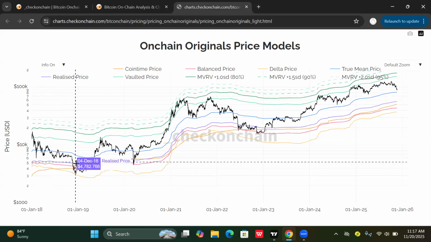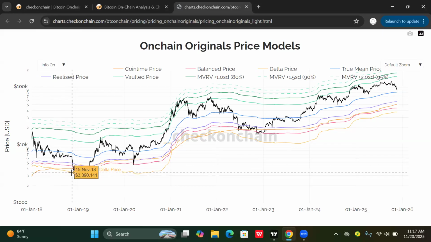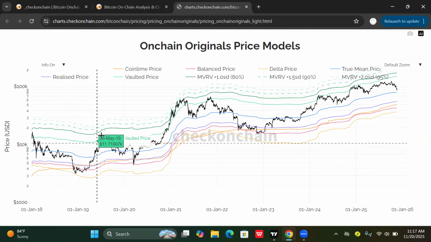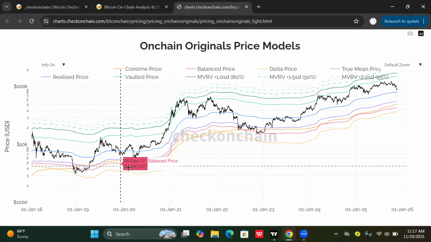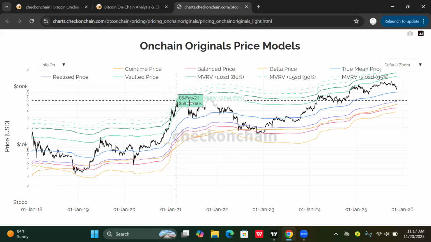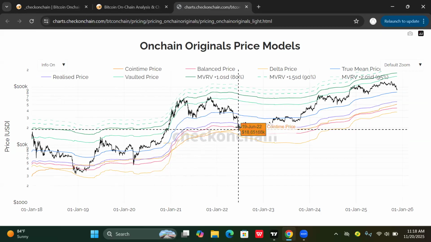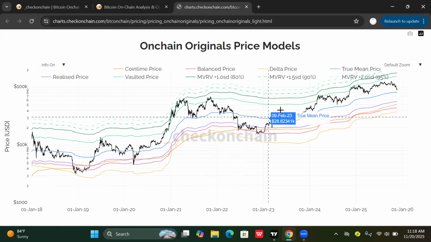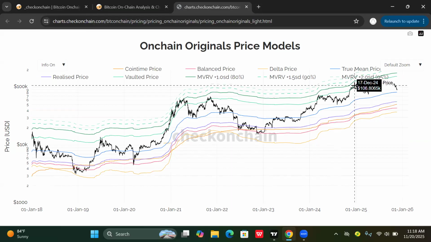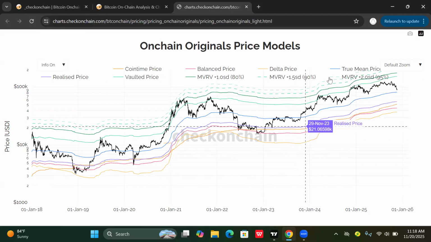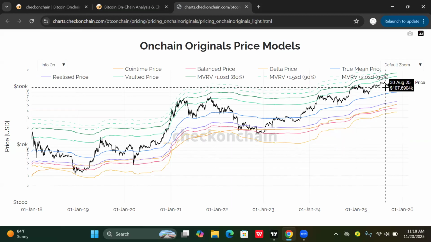If you had bought around here, it was undervalued, it rallied. We came again here, nice buy zone, rallied. Also here as well, and we saw this big rally, and at some point it became expensive, if you will.